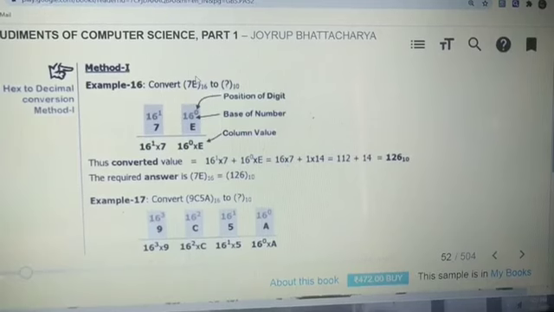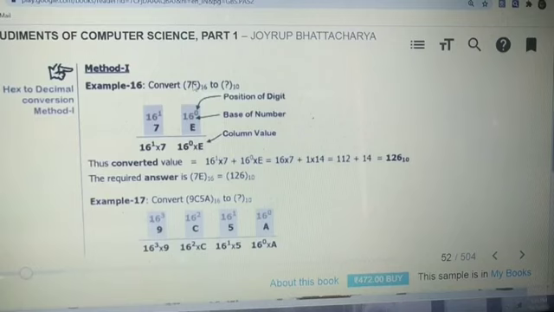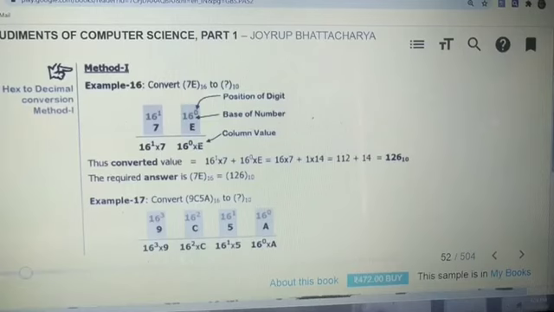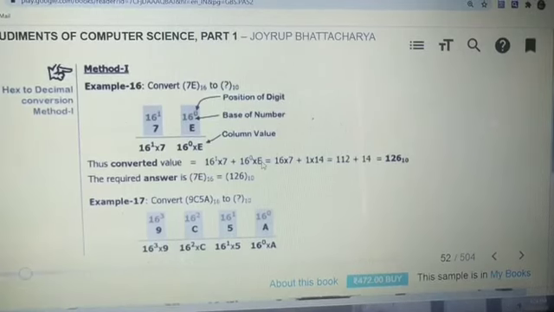So first put the positional values. E's positional value is 0 and 7's positional value is 1. So E is multiplied by 16 to the power 0 and 7 is multiplied by 16 to the power 1, and we add both values. 16 to the power 0 means 1, so 1 into E, but we have to take the E value, because E means 14.